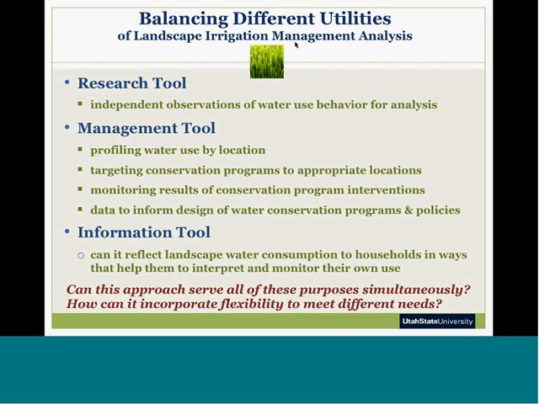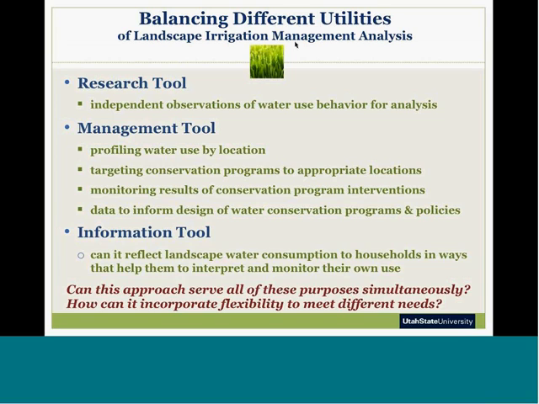More recently, we are transitioning to use it as an information tool, where the software now has a function that can provide individual users information on their landscape irrigation ratio for their location and their plant material. And so we have a function that can produce these water use reports.